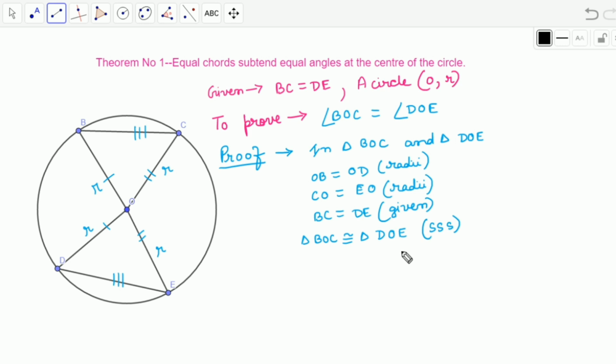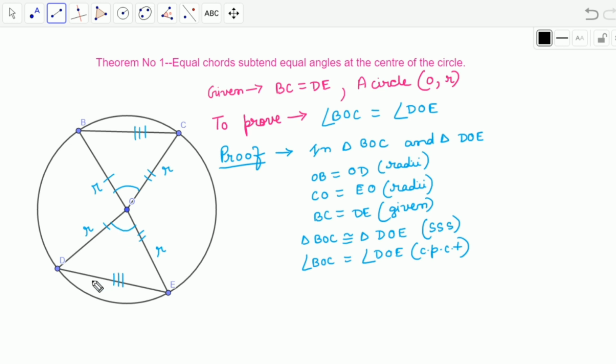So angle BOC is equal to angle DOE, and this is by CPCT, corresponding parts of two congruent triangles. Thus this angle is equal to this angle. This is what we had to prove.